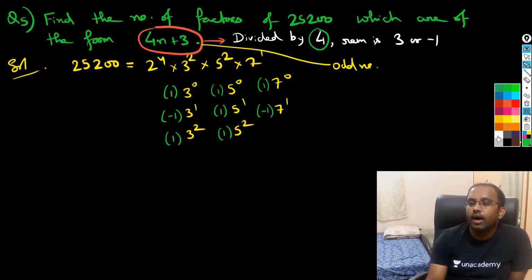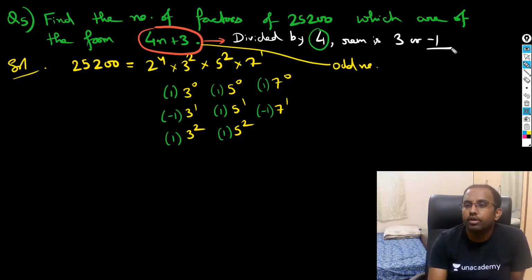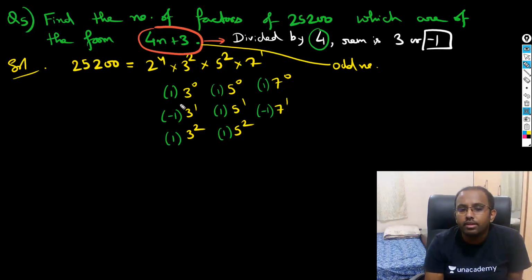Now see how many combinations will give you a remainder of -1 here, right? So basically I can form the combinations here. If I look at these values, guys, from 1 I can take up these values and I want a remainder of -1. That means from this 1 I can go in 3 ways, right?